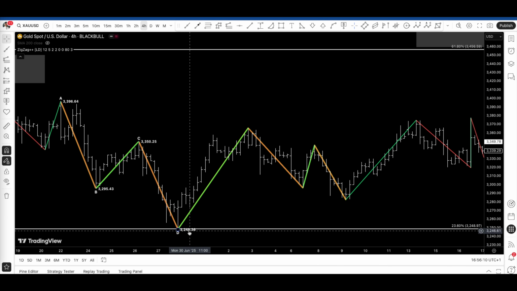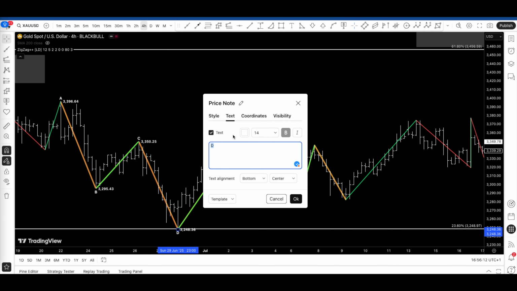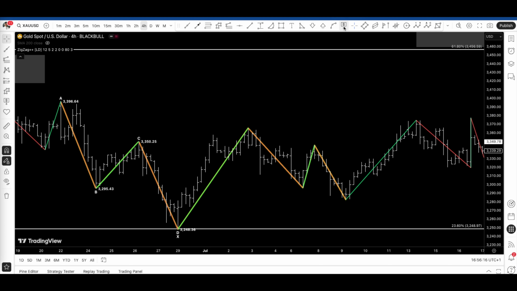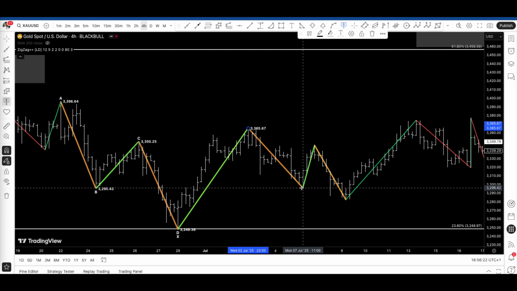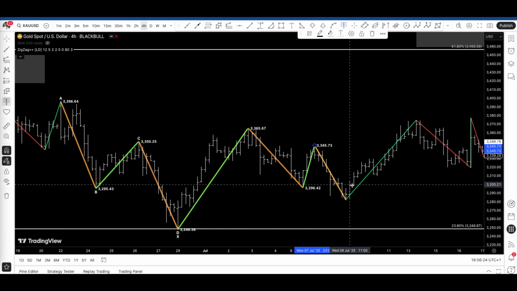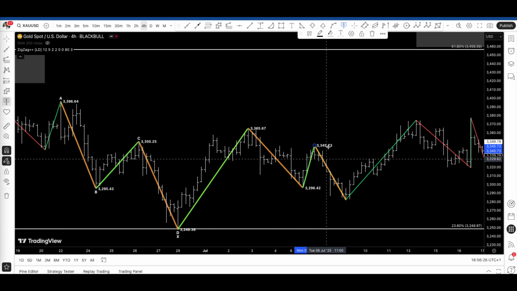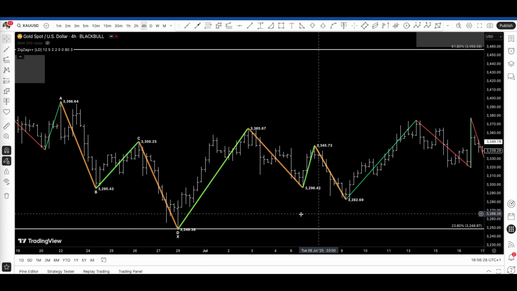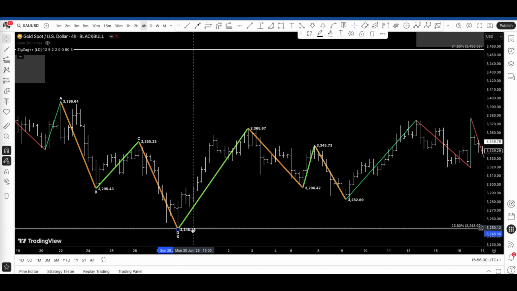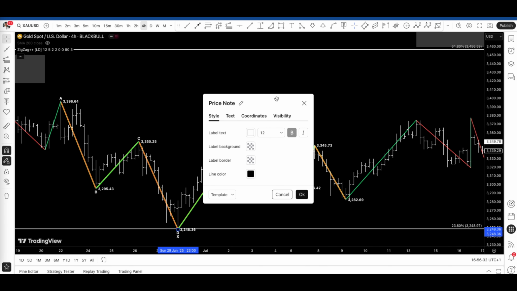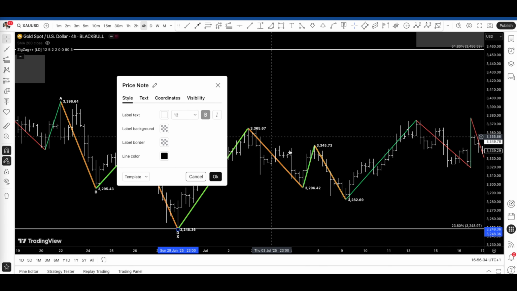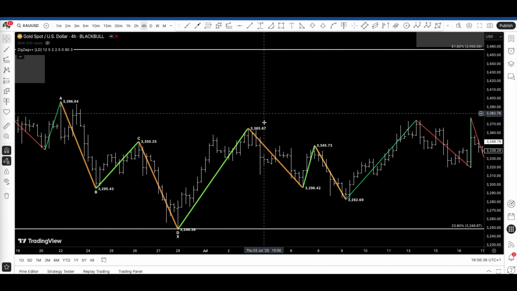Right, so we have X, A, B, C, D. And here we have another one, not a double drive, because here we don't have the similar A to B.